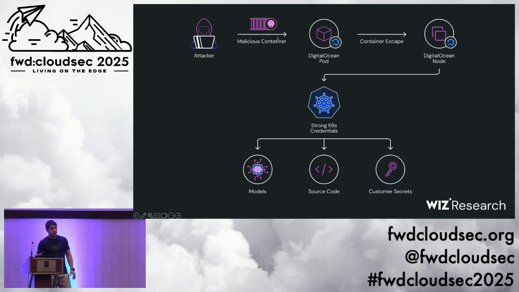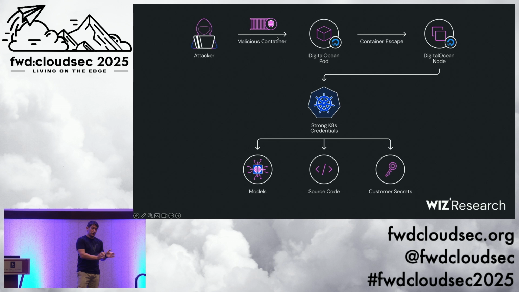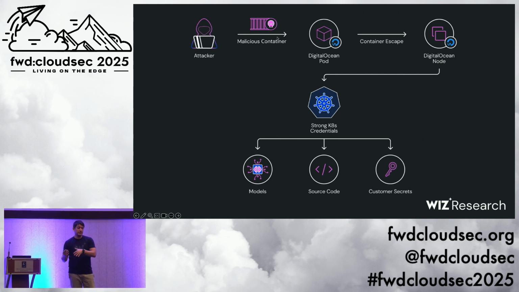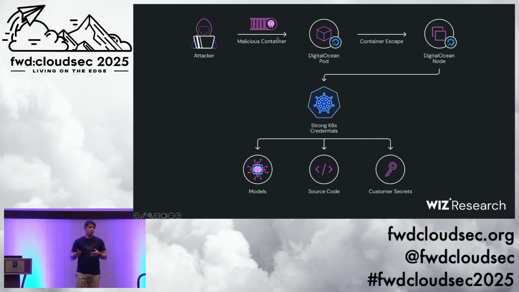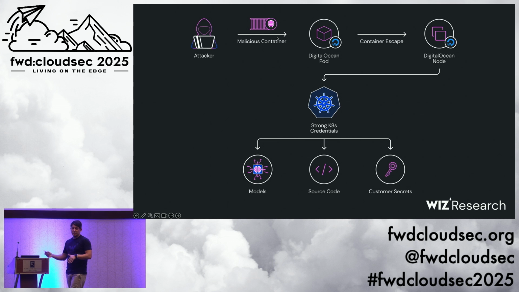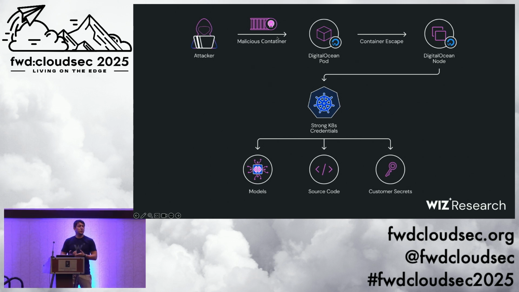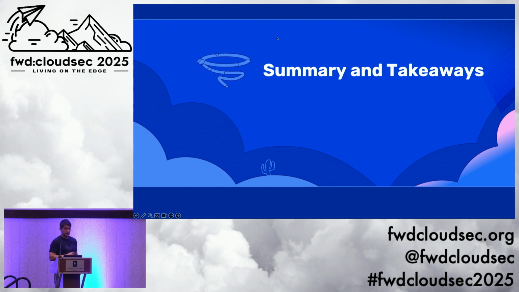And from the node, we used the credentials in order to compromise models, source code, and secrets. The secrets in this case could be like the ones that I showed before, Kubernetes secrets, or secrets stored as environment variables within the images, or configuration files also. So this was a full service compromise, very different from the other scenarios.